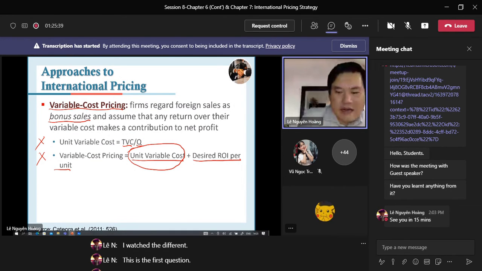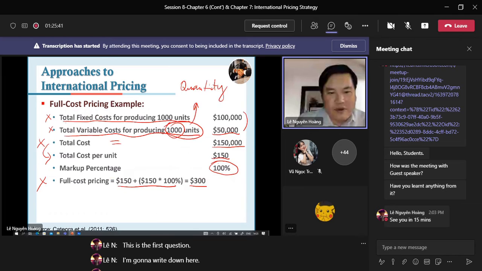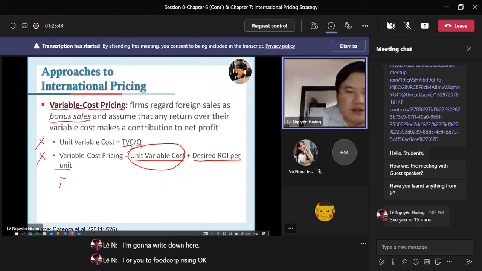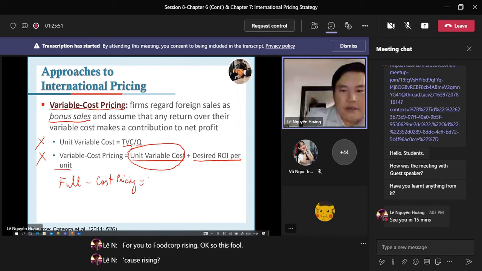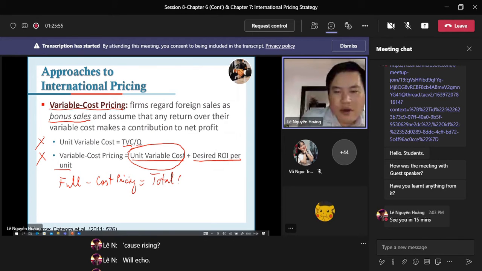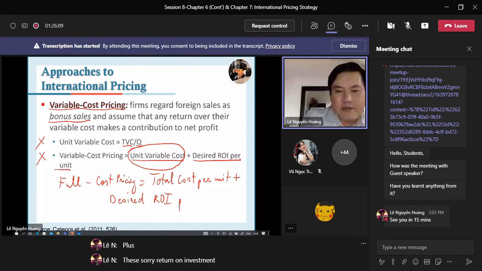I'm going to write down here the full cost pricing. It will equal total cost per unit plus desired return on investment per unit.